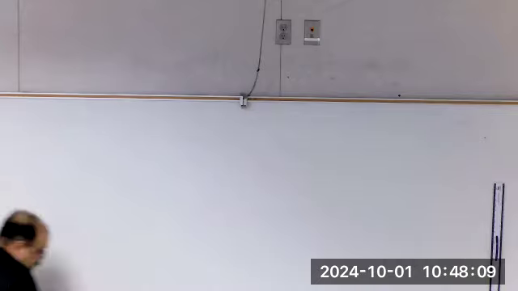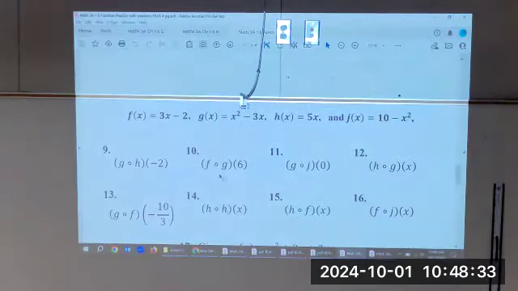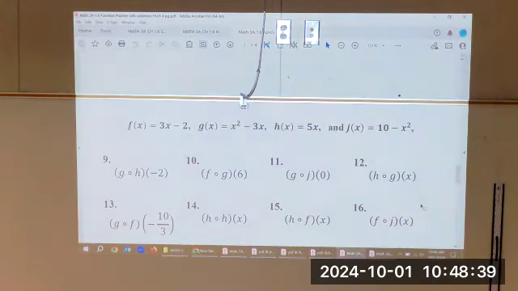When we see F circle G of the variable X, the rewrite is F of G of X. Because on Thursday, they're going to be doing these. Look at all those composition of functions. So that's what we're going to do in terms of practice.